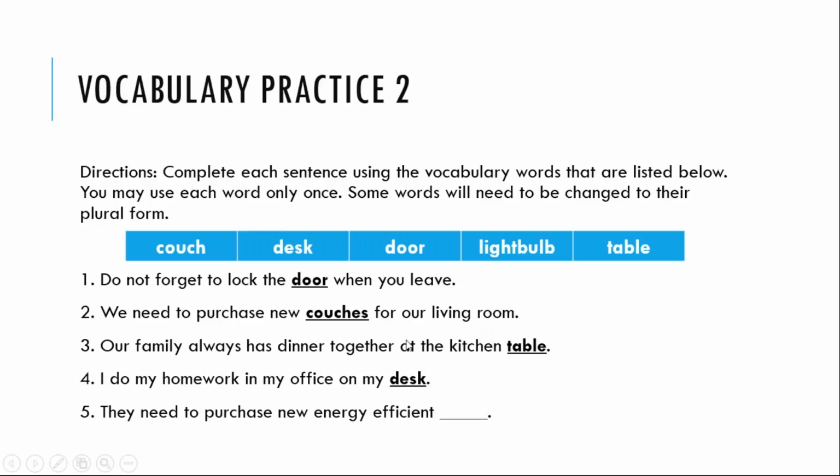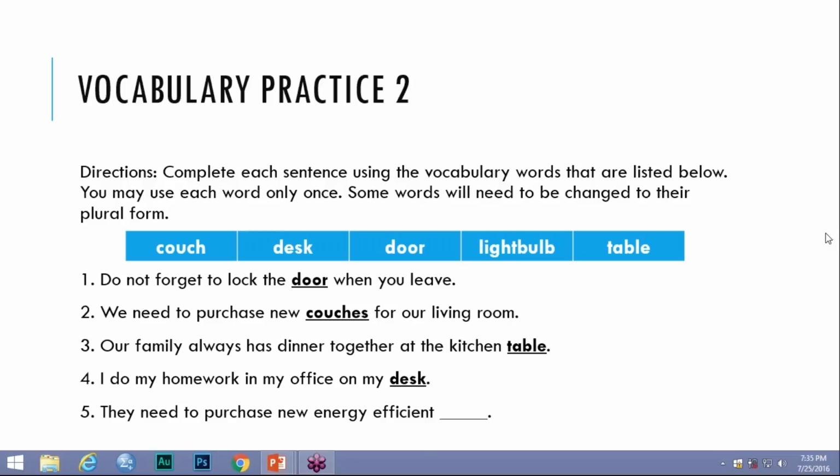I see somebody sent the right answer there. And we have the answer, light bulbs. New energy efficient light bulbs. You need an S. Okay, so look at number 2. Look at number 5. You need an S. Couches, light bulbs. Okay, you need an S. Good. Any questions so far? Everybody seems to be okay. Good. Light bulbs. There we go.